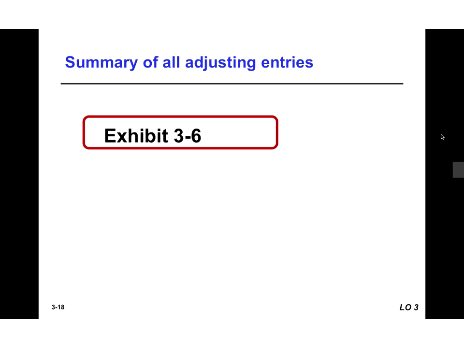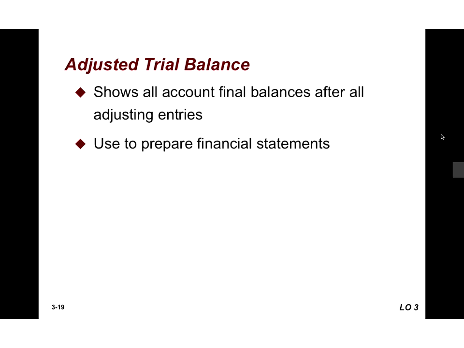Okay, and then we have one more term coming up, and we're going to do a few questions. The next term is this thing called an adjusted trial balance. An adjusted trial balance shows all the account balances after adjusting entries. And we use it to prepare our financial statements.